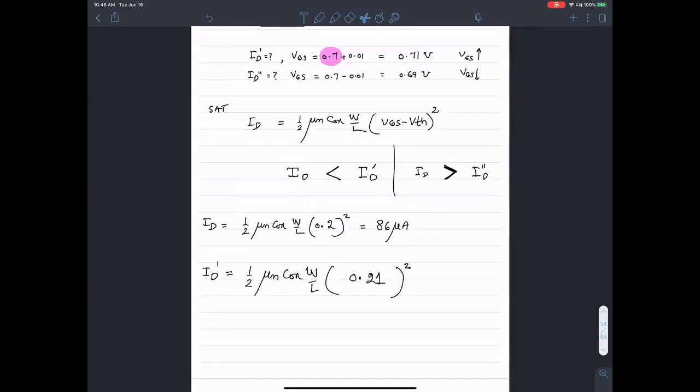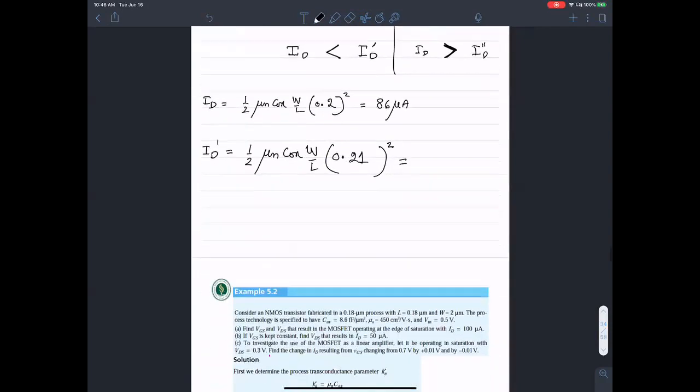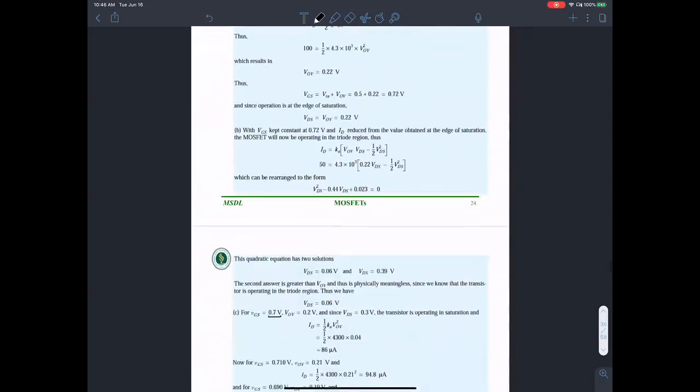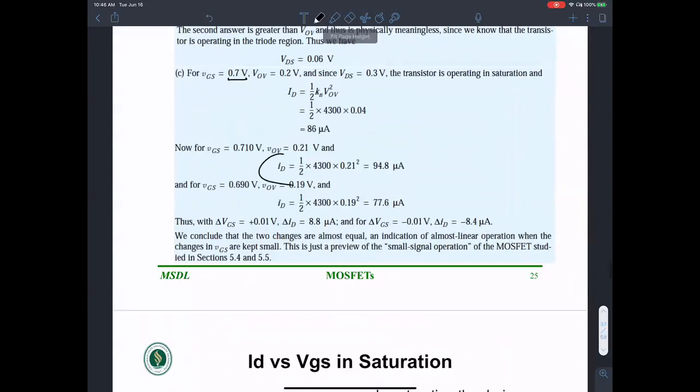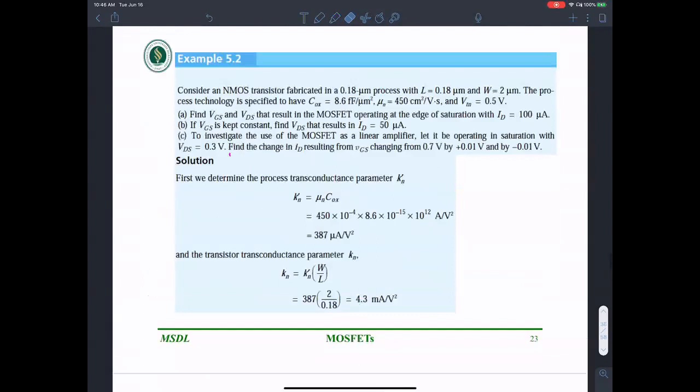When you do that, it's going to come out to some number, definitely greater than 86 microamperes. So you see that 0.21 squared comes out to be 94.8. And by the same logic, this guy is 0.19 squared, which comes out to be 77.6. So 94.8 and 77.6.